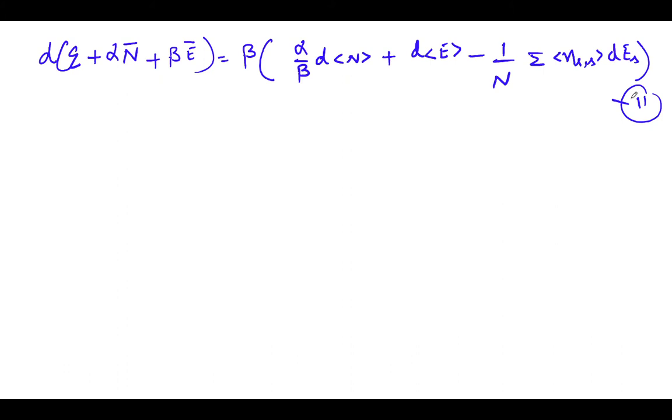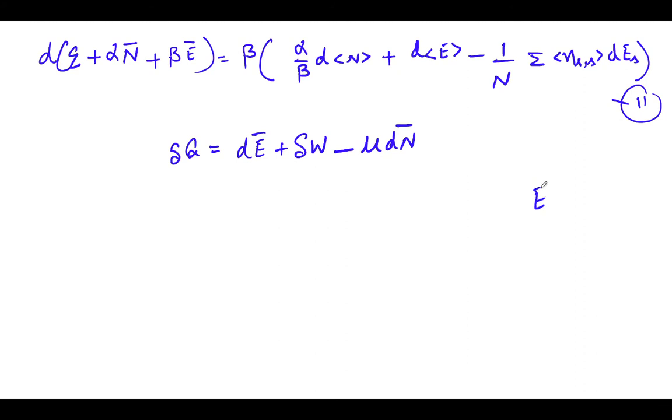Now compare this equation 11 with the first law of thermodynamics. According to the first law, the total heat is equal to dE plus curly d omega, which is the work done by or on the system. Since there is a change in number between these systems, we introduce minus mu into dn bar.